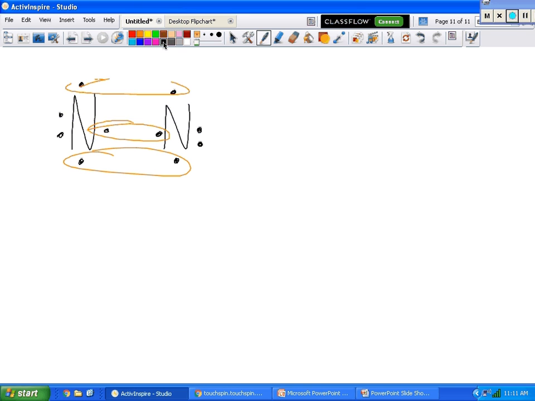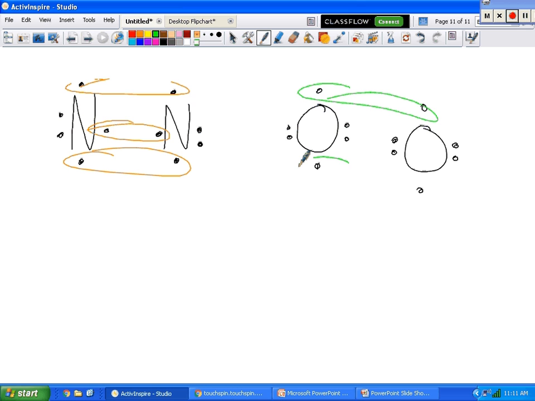Oxygen has 6 valence electrons, 1, 2, 3, 4, 5, 6, and then again 1, 2, 3, 4, 5, 6. So what would you have to do with these? You would share there, and you would share there. So oxygen diatomic has a double bond between it. Just throwing that at you to make sure you're on the same page. Go ahead.